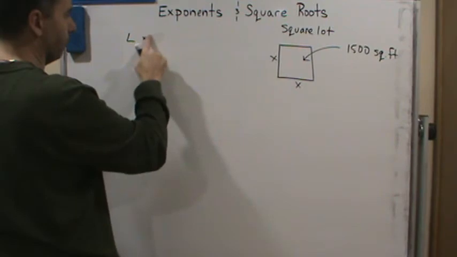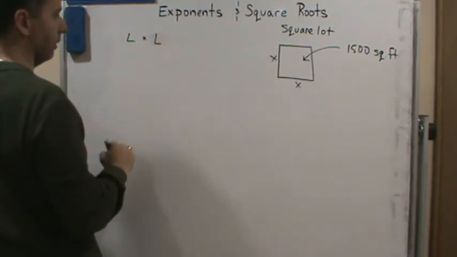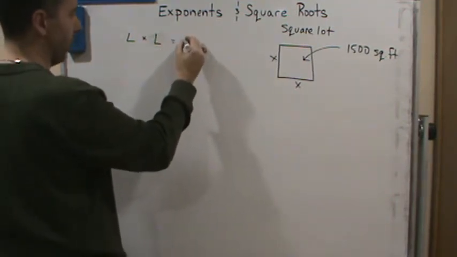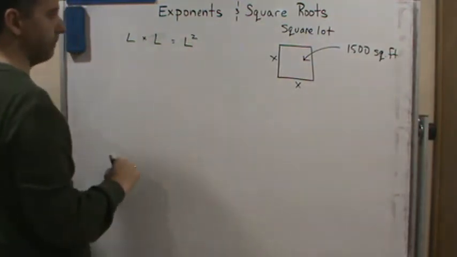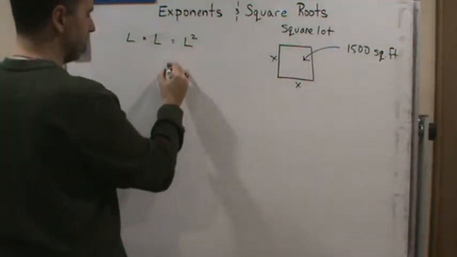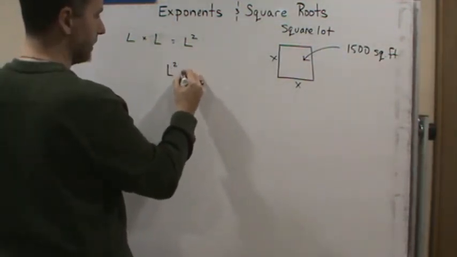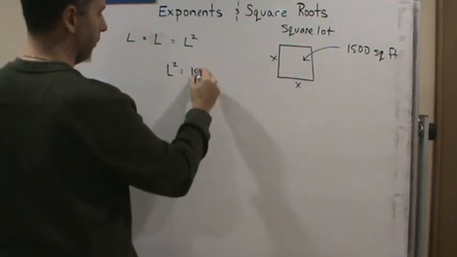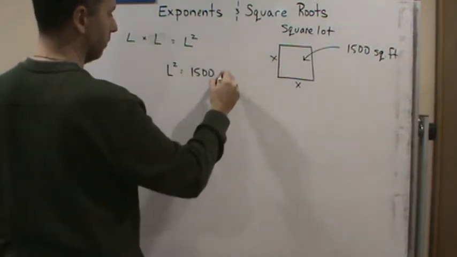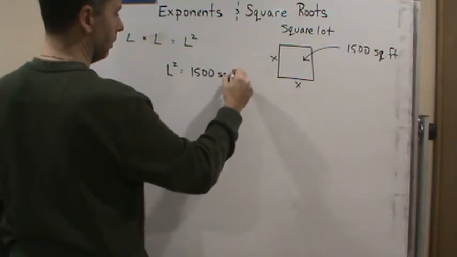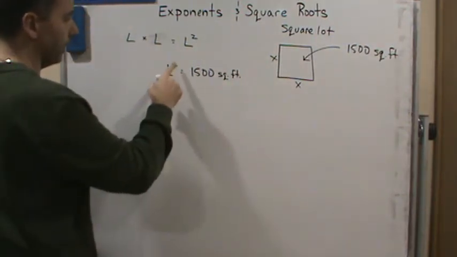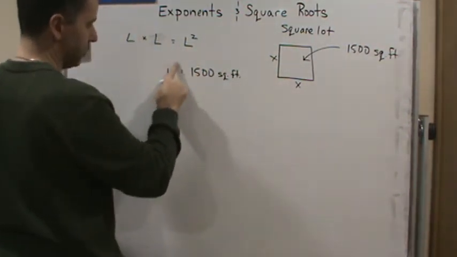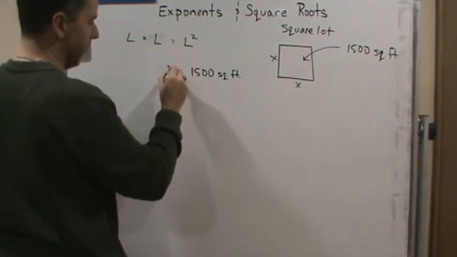So we get, let's say this, length times length, which is what? Length squared, right? So that means the length squared is equal to 1,500 square feet. Or, in this case, since we're using x, we can change the variable, doesn't matter.